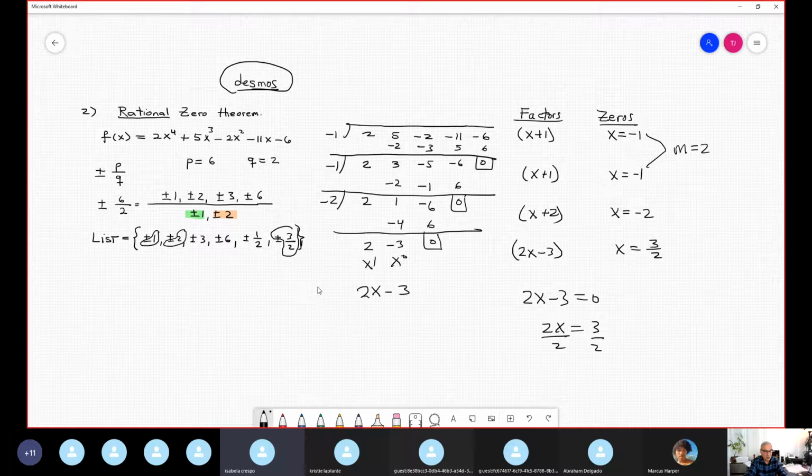So, I know you said you could use any number, but you are using any number inside this list. The list helped me a little bit to understand the number I am using. However, if I use the wrong number, you never get 0 here. And this non-zero remainder is because the factor that you try to prove doesn't belong to the polynomial. Clear?